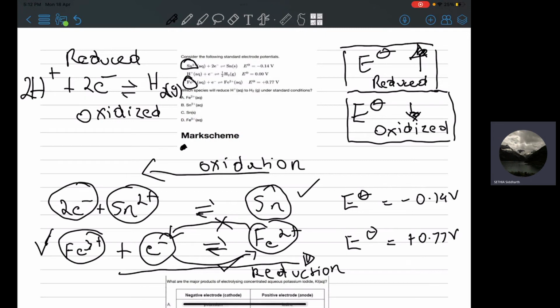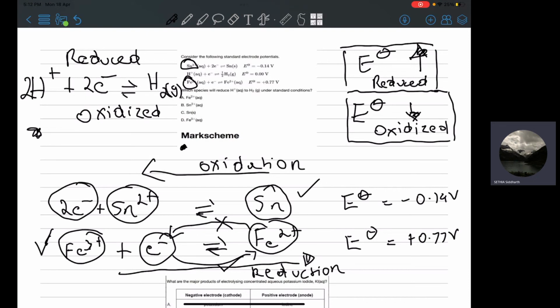It would rather have Fe3 plus gain an electron and form Fe2 plus. However, what likes to give away electrons? We've also determined that Sn is very happy to give away electrons. Sn will give away 2 electrons to form Sn2 plus. And wow, would you look at that? It's a perfect setting. So we know that what's going to be oxidized is actually Sn.